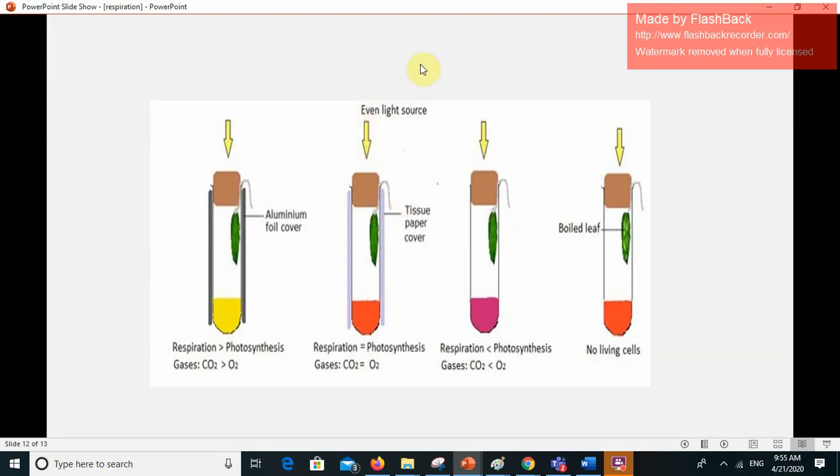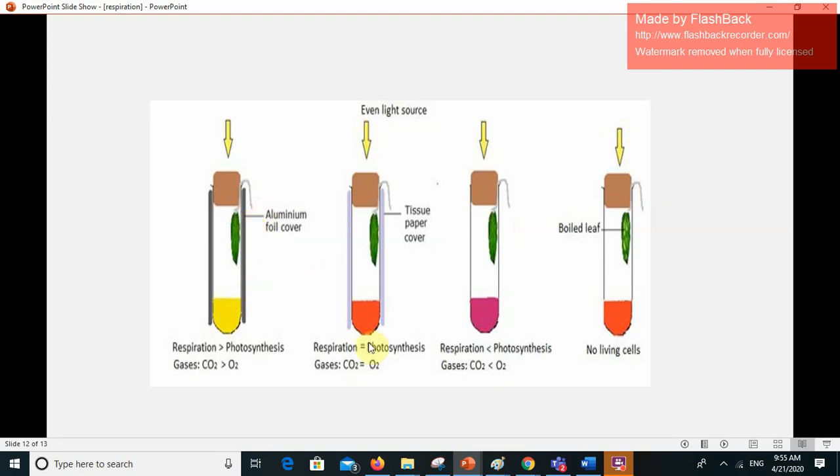If we have an even light source, light is shown to all these tubes evenly with an equal amount. Here we have aluminium foil to cover the tube black in order to prevent the light coming into the tubes.